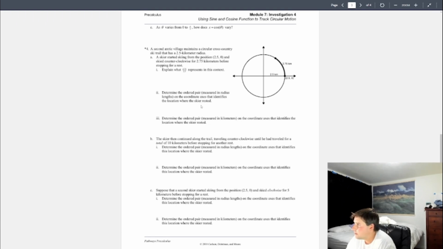Oh. I have to find theta, which is s over radius, which is 2.75 over 2.5.